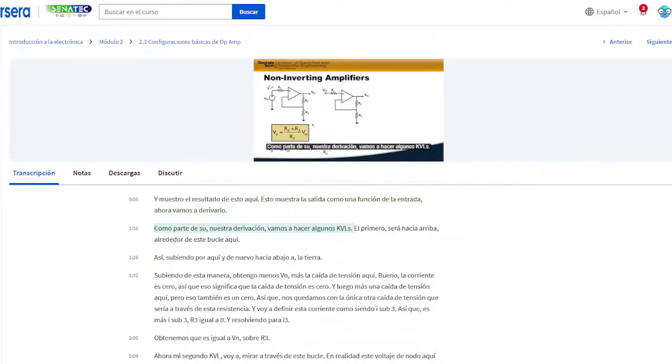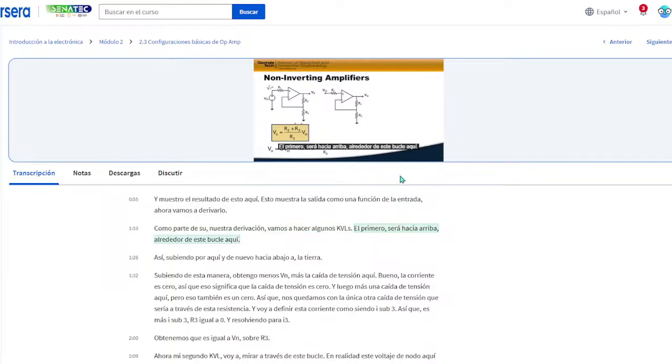So here is the equation for it, the relationship between the Vin and Vout, and I'd like to go ahead and derive that.